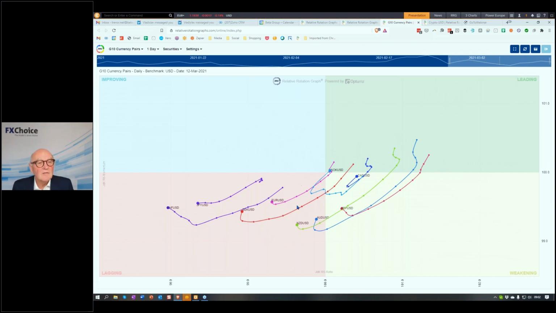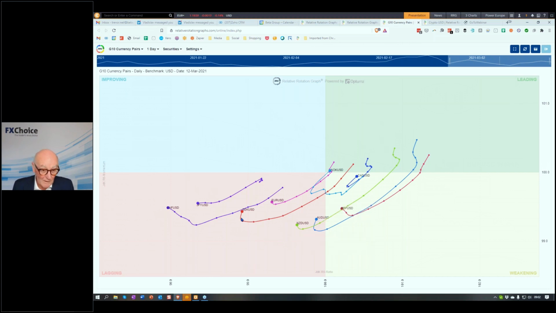The vertical axis is the positive momentum of the currency pair. What you can see is that they're all moving in a southwesterly direction. That means they're going lower on the y-axis and further to the left on the x-axis.